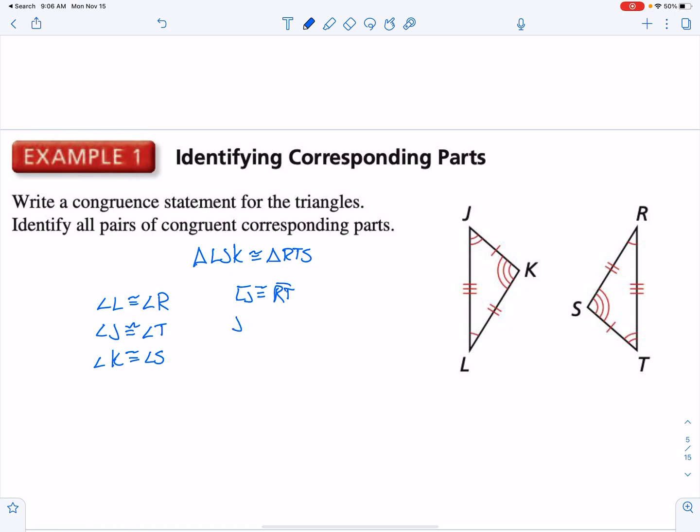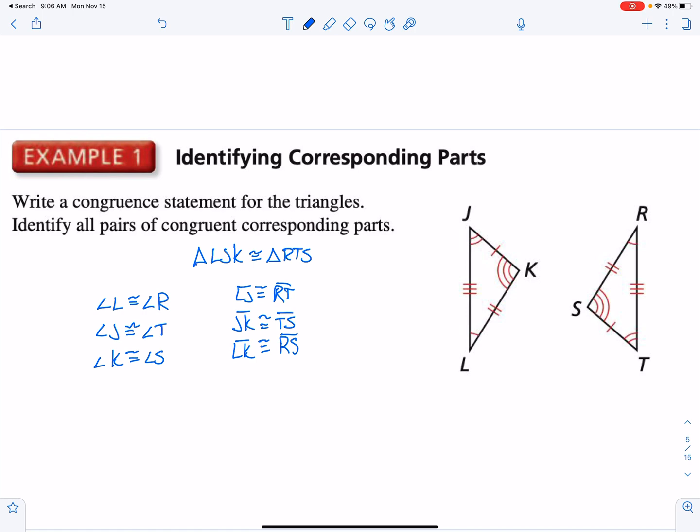And then I have JK should be congruent to TS. And then the last one, LK, should be congruent to RS. So we have our congruent statement, we have our 3 angles and our 3 sides. Again, you can do those in any order. It doesn't really matter.